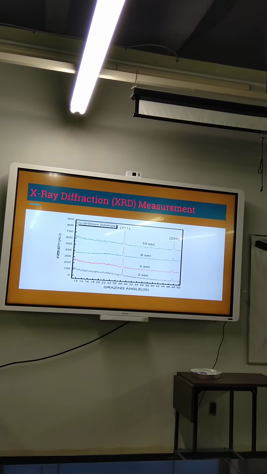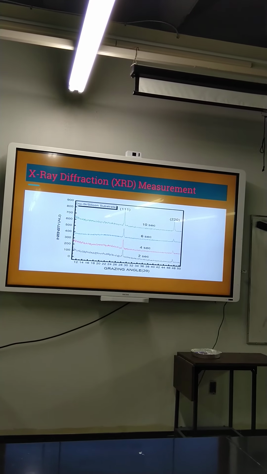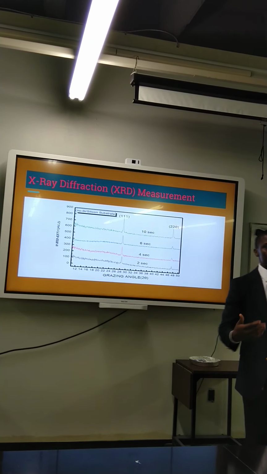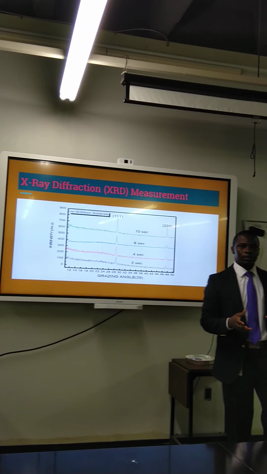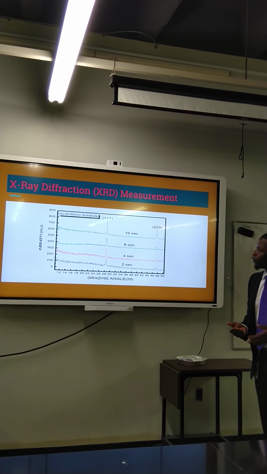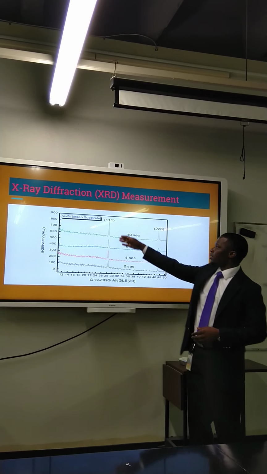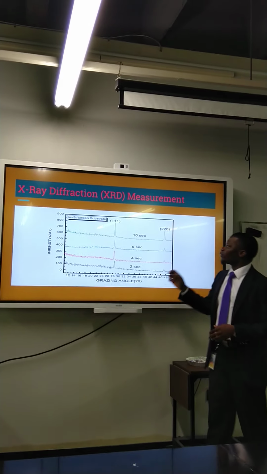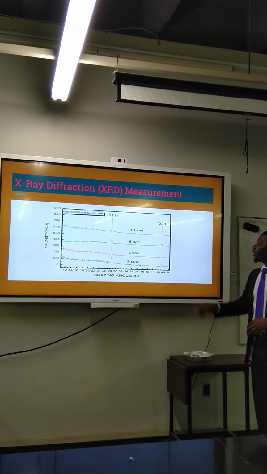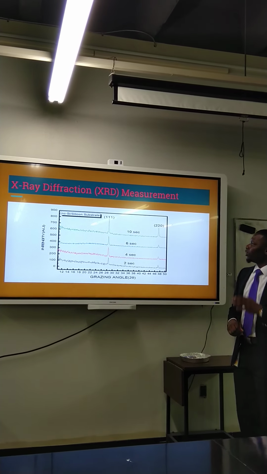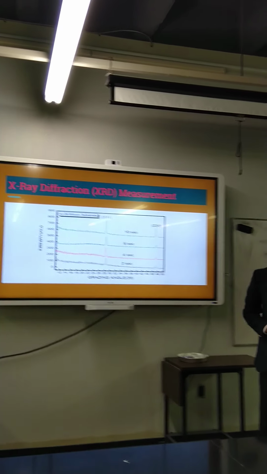Alright, so the diffraction, in this case also, we are trying to see the thin film and how well the thin film is. We see that this here is the peak of 111, and then we have another peak here which is 220.